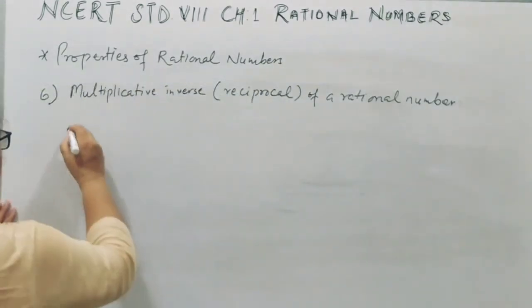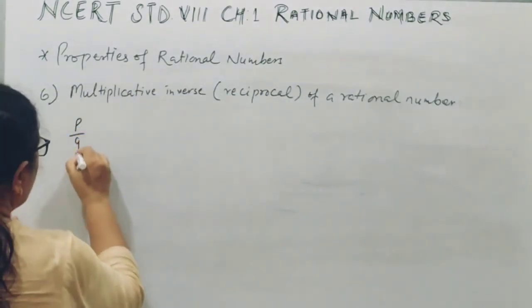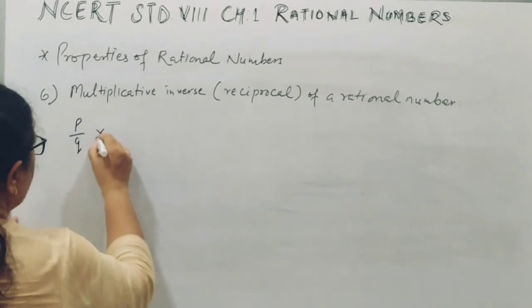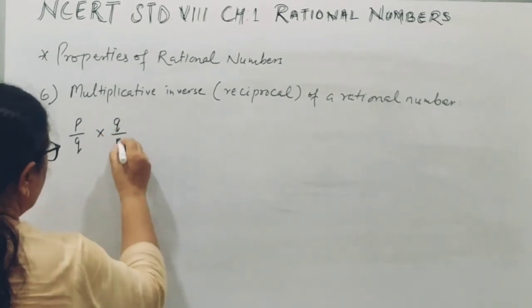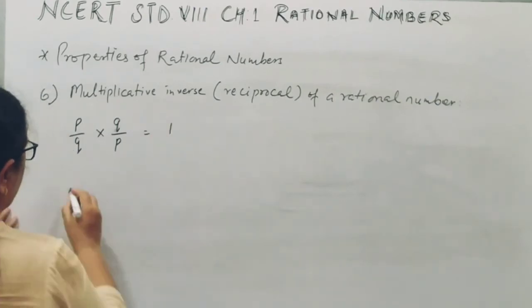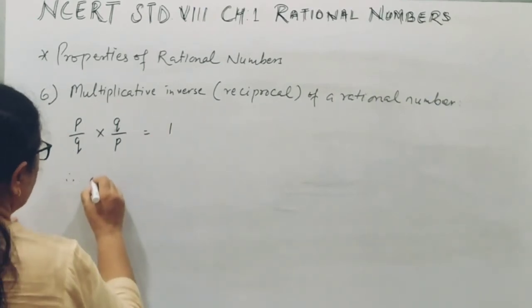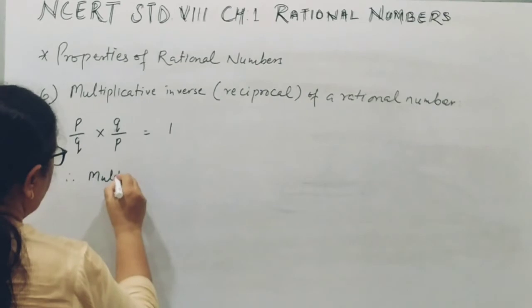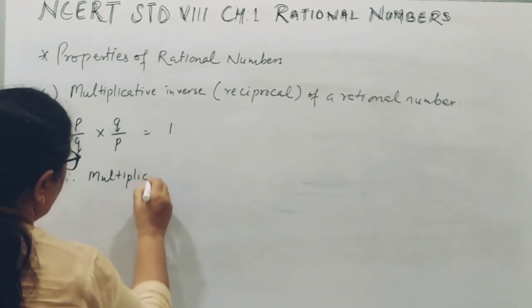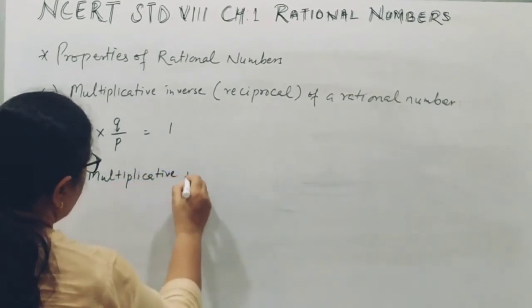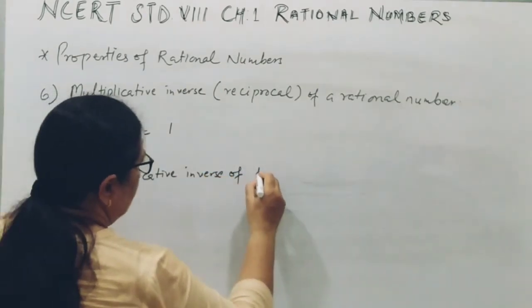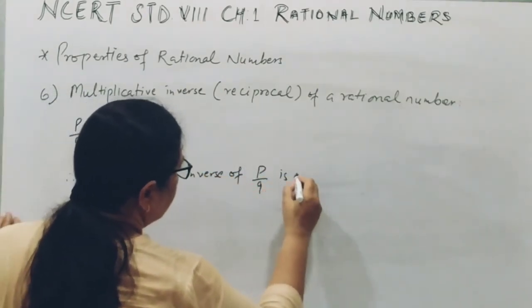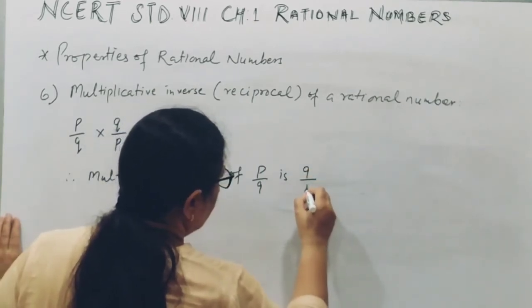For example, if we have p upon q as a rational number, if we multiply it by q upon p, we get 1. Therefore, multiplicative inverse of p upon q is q upon p.